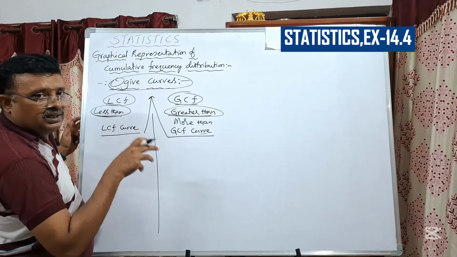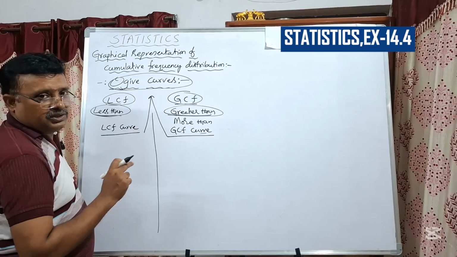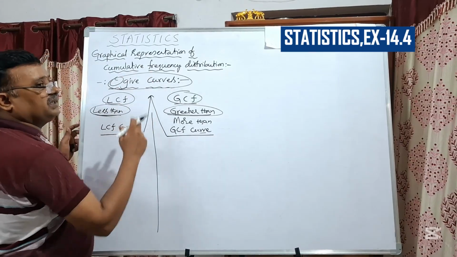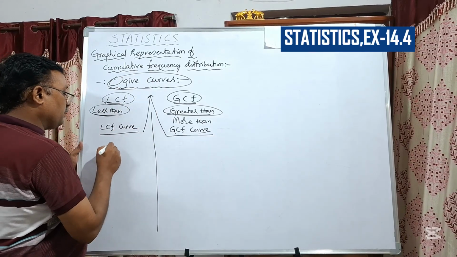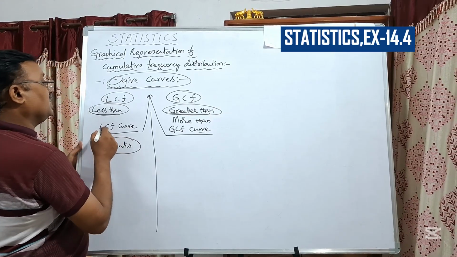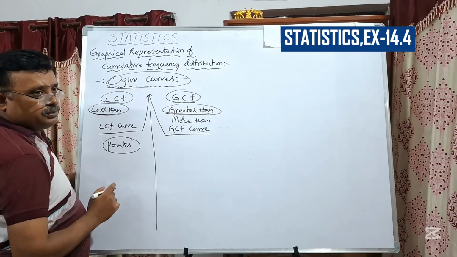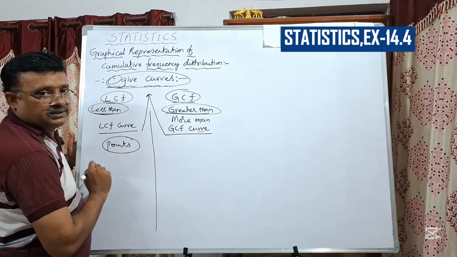Together their representation will give us a point. So graphical representation is mainly based upon points. Here also we need to convert the statistical data in this cumulative frequency distribution into points.